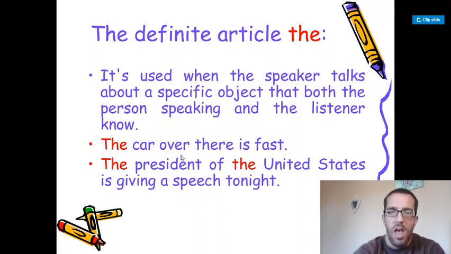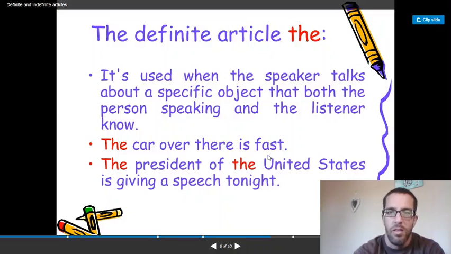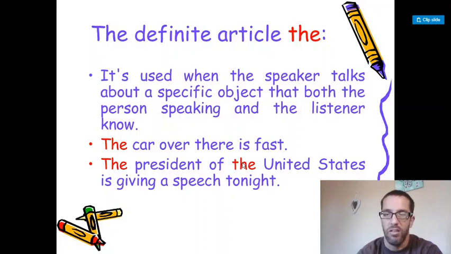And we use the there because this is a collection of states. It's not just any United States, it's the United States. Everybody knows what the United States is. That's why we use the. It's not just any United States.